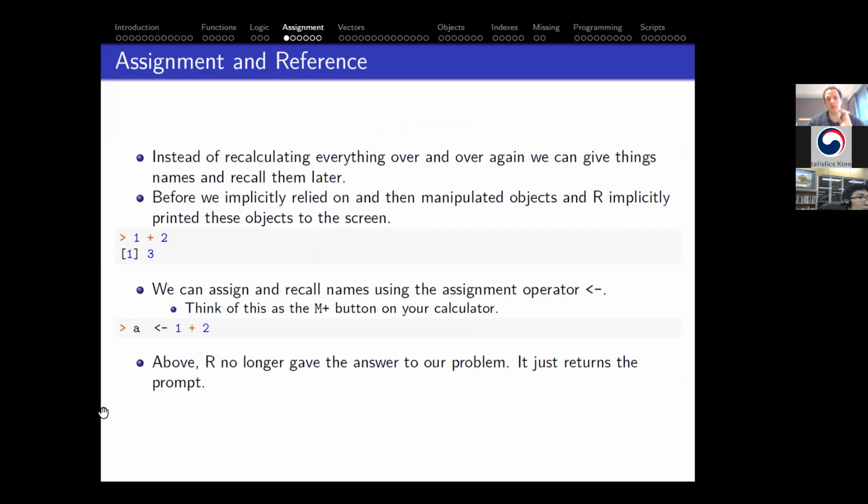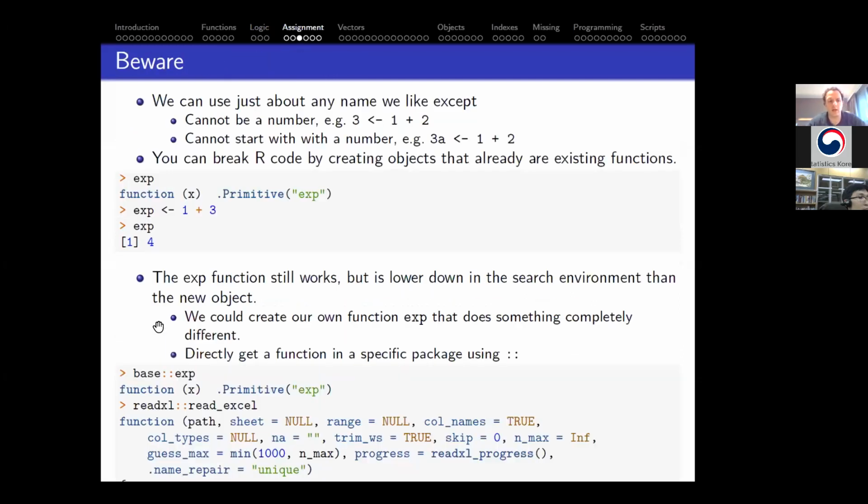So next part of the slides, we were talking about assignments, how to save these little objects in R using the arrow symbol. We should be careful when we're assigning values to objects and the name that we assign them to, because we can end up overwriting functions already there.